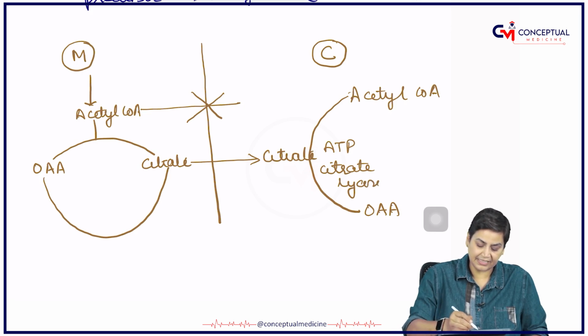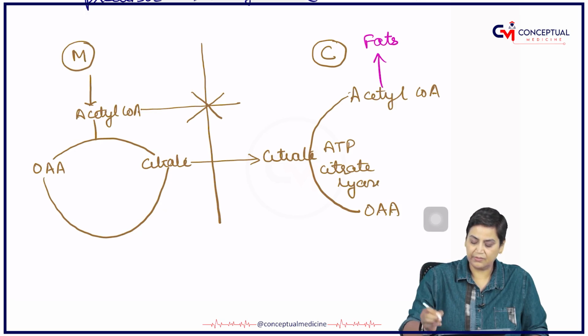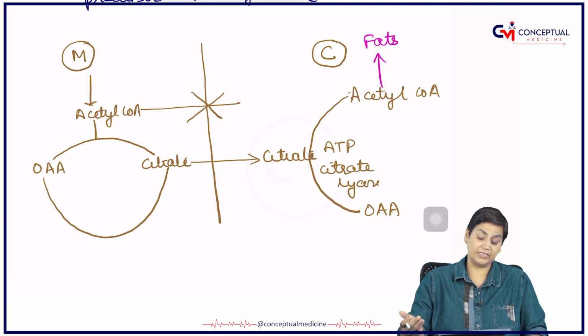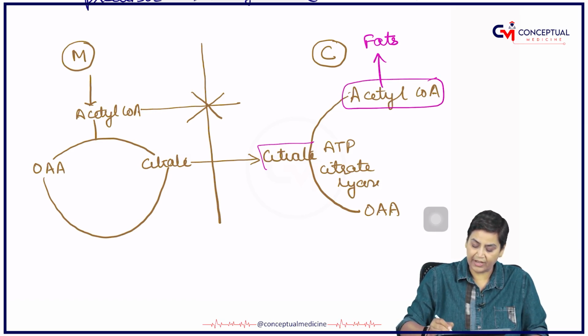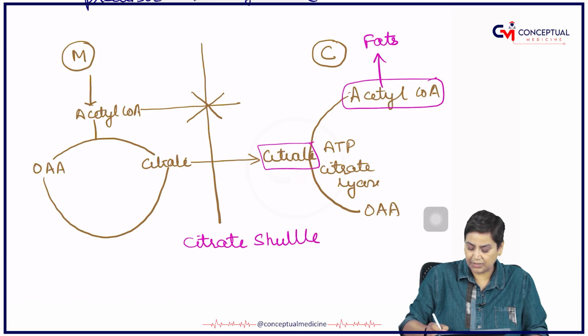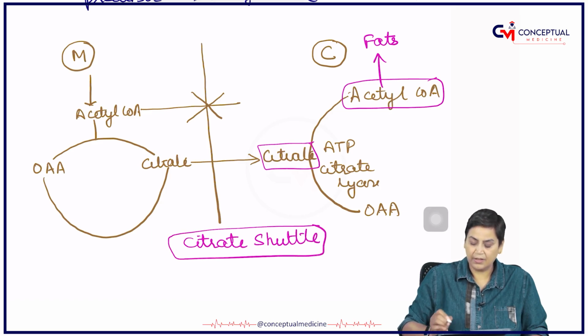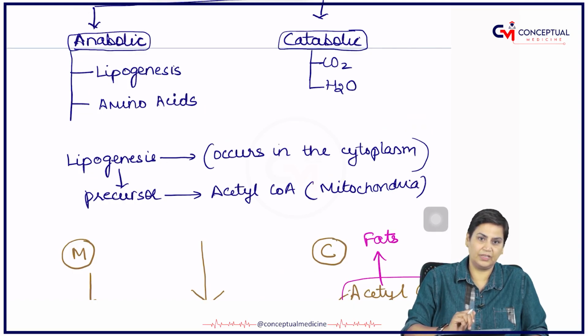And in fact this acetyl coenzyme A will now be utilized for the synthesis of fats. Acetyl coenzyme A is a precursor of cholesterol also. So this acetyl coenzyme A will be transported via this citrate shuttle. It's like a game of badminton. Citrate shuttle. So this is a very important anabolic nature of this.